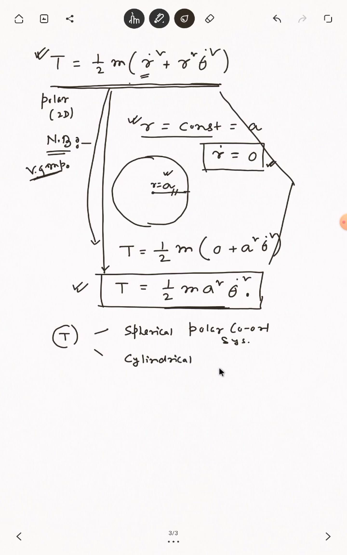As the Cartesian system is a particular system, the cylindrical system and spherical polar coordinate systems are also very important configurations to describe the position of particles in physics especially. We will give special importance to these two coordinate systems because they will be extremely important from the exam perspective.